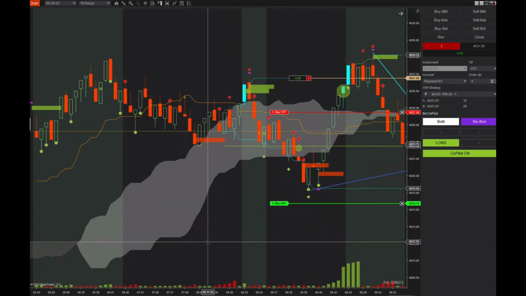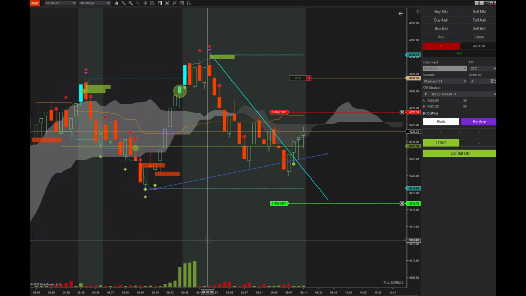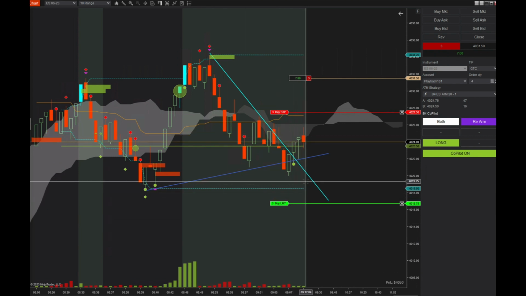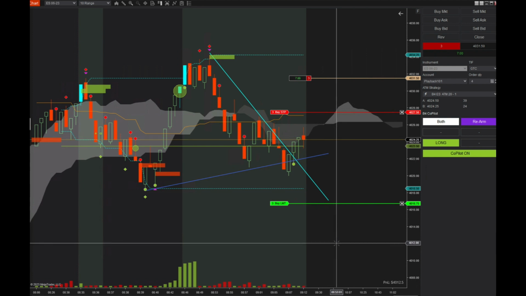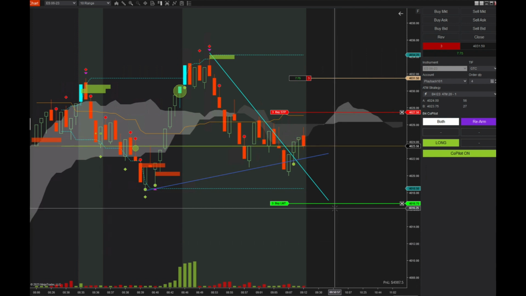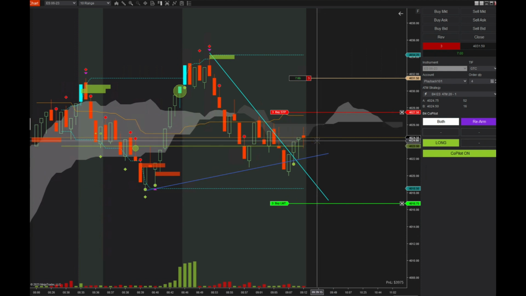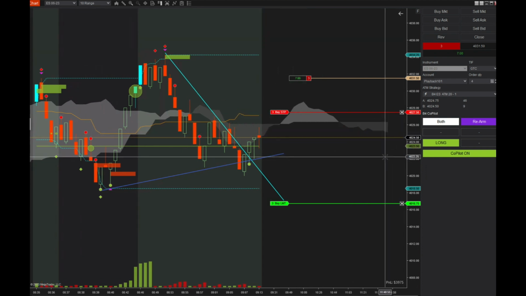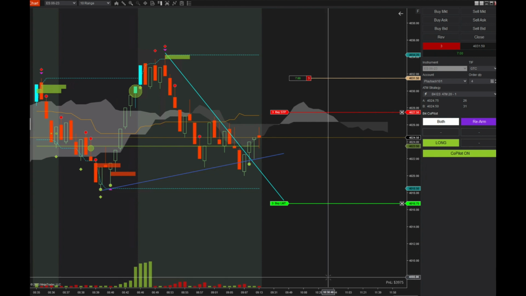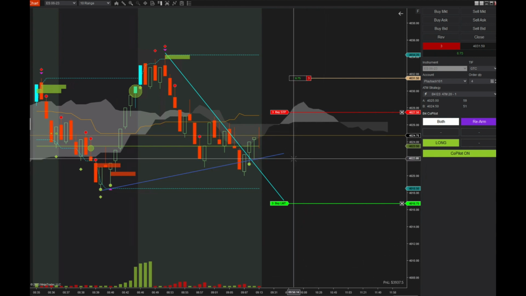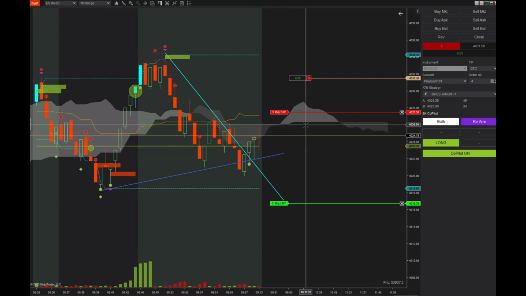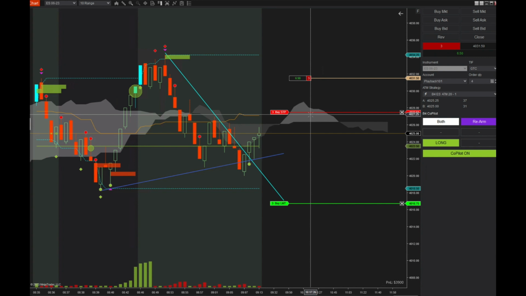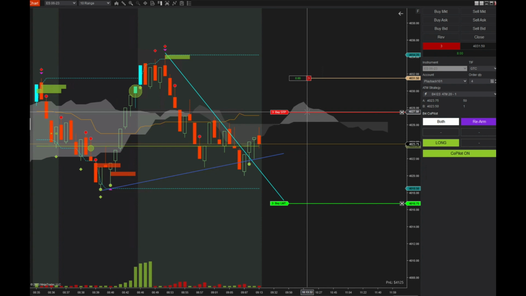Checking to see what our targets can be. Price is still following the bottom of the cloud right there. There we go, breaking away.